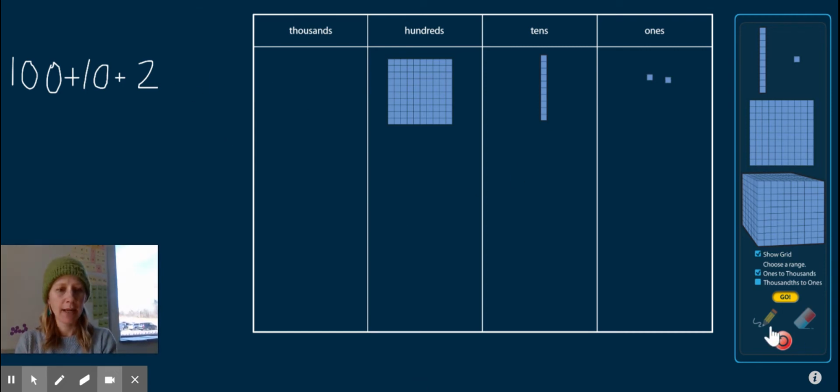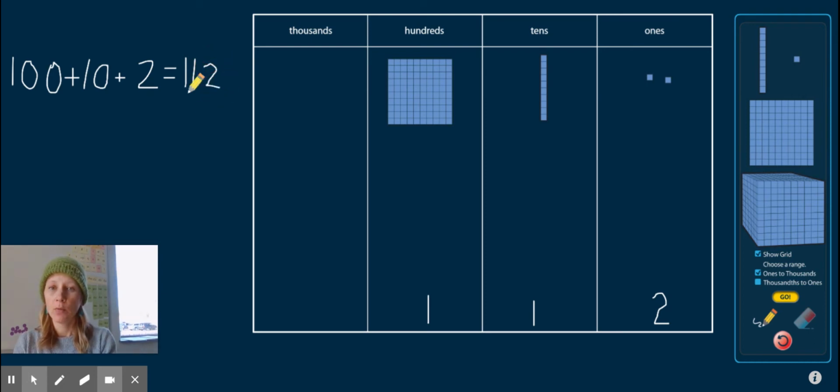Let's go ahead and add my numbers together to see what I get. All right, equals. Well, let's see. I have one group of 100. I have one group of 10. And I have 2 ones. So when I put those numbers together, I have 112, right?